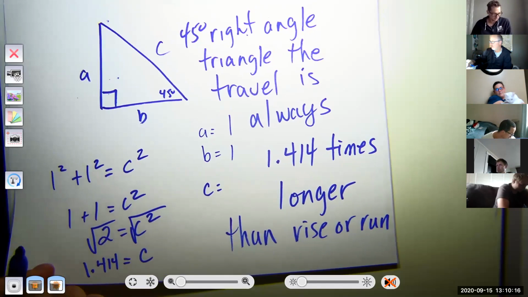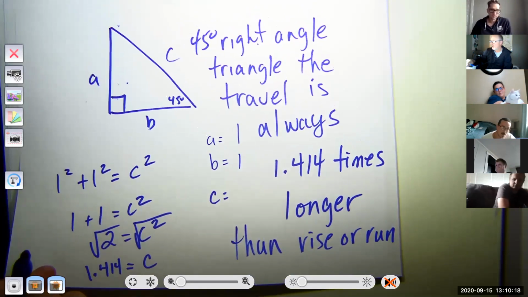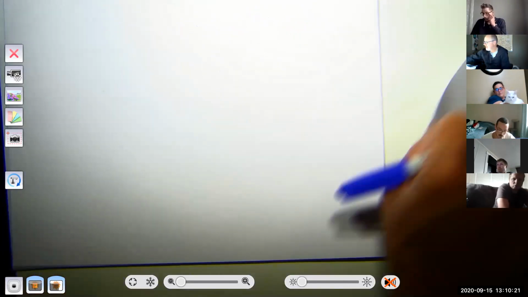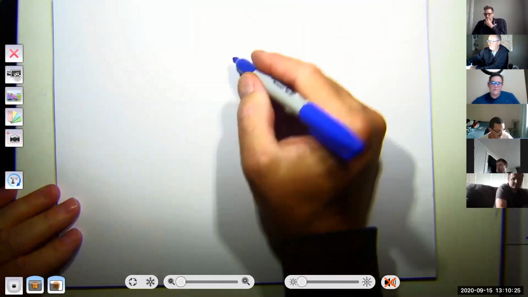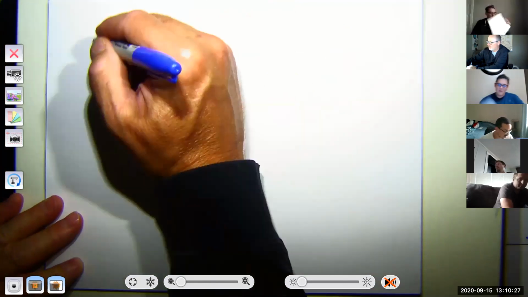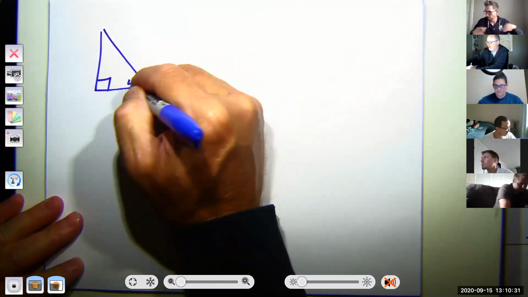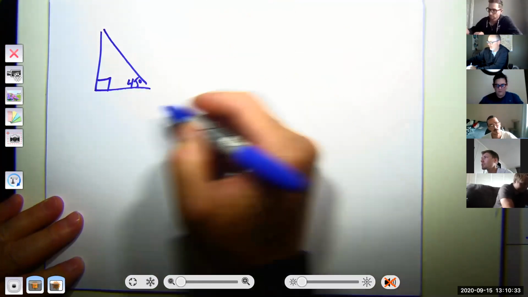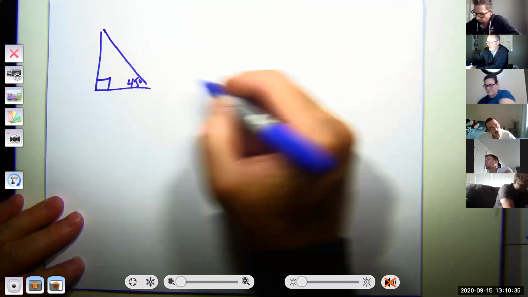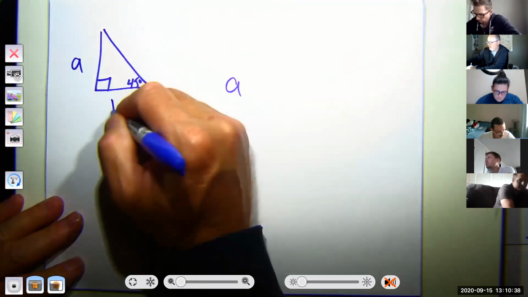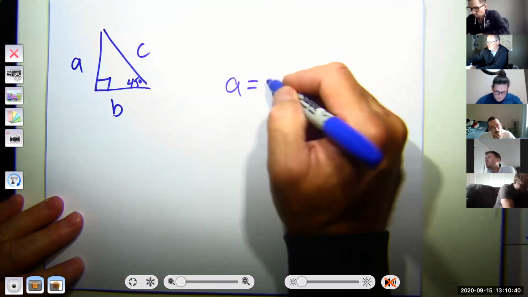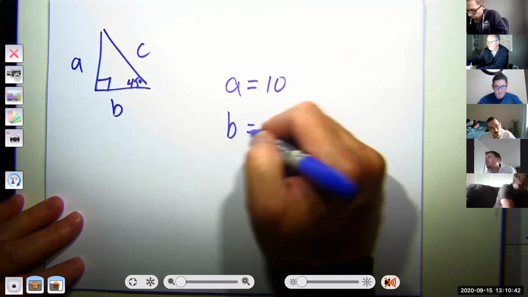So let's do a couple of problems, or examples, with a 45-degree right angle triangle. If I had a 45-degree right angle triangle, A, B, C, and I told you A equals 10, what is B? What is C?